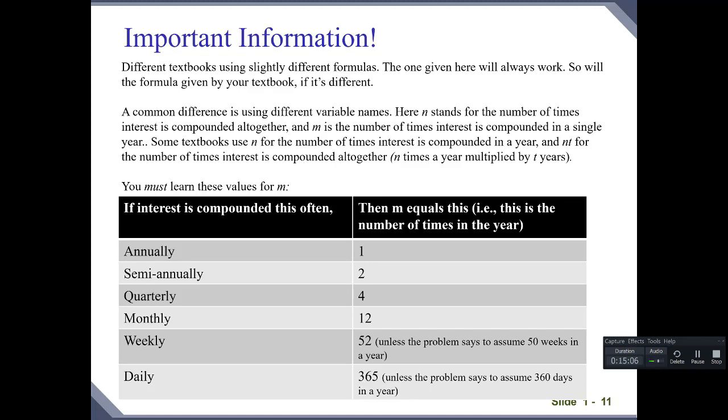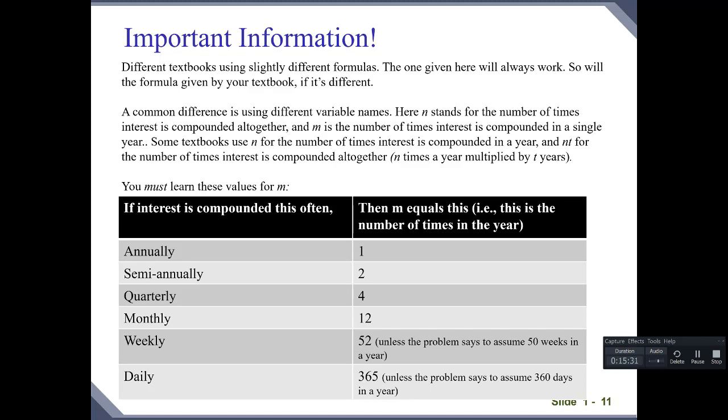So if a problem says interest is compounded annually, that means once a year. So m there would equal 1. If interest is compounded semi-annually, that means twice a year, m would equal 2. One that people often struggle with is quarterly, which is why I used it in my example a few minutes ago. Quarterly means 4 times a year.